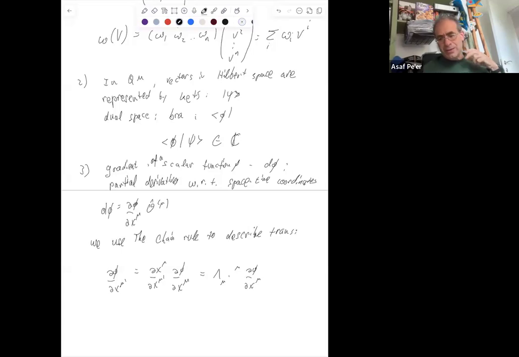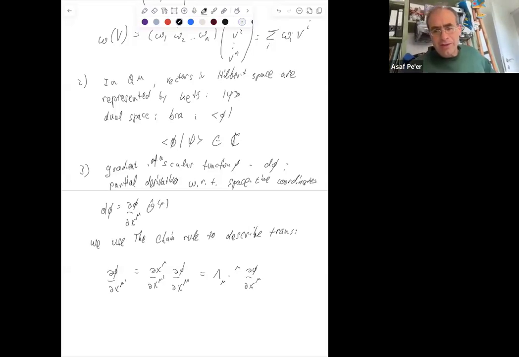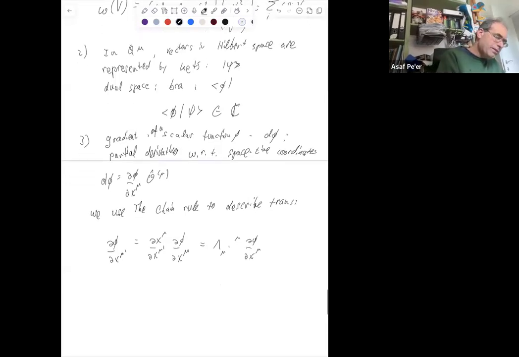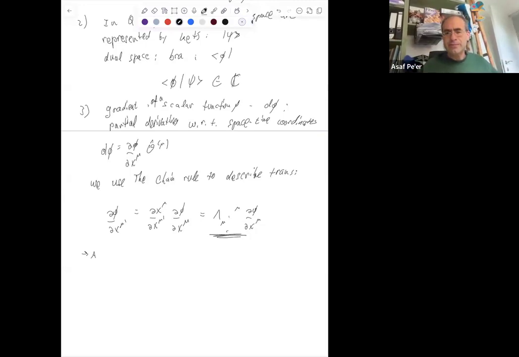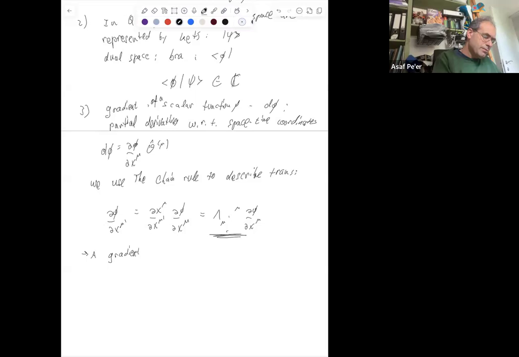You don't see that in Euclidean spaces, but they actually do. Because of the transformation law, which is the inverse Lorentz transformation, a gradient is a covector.